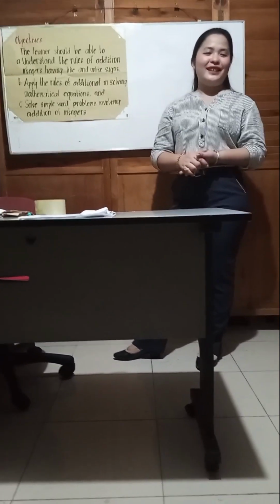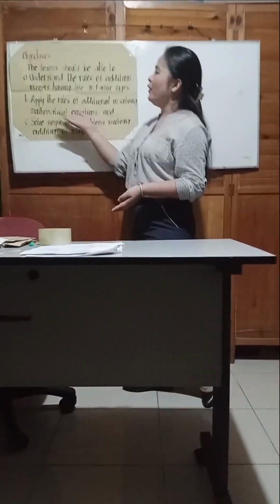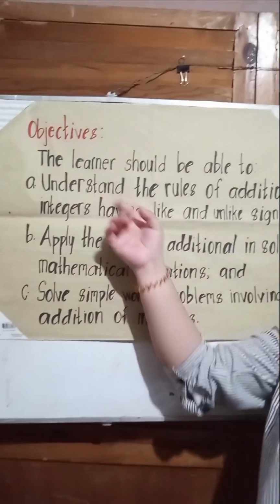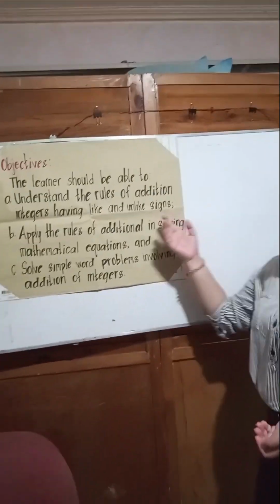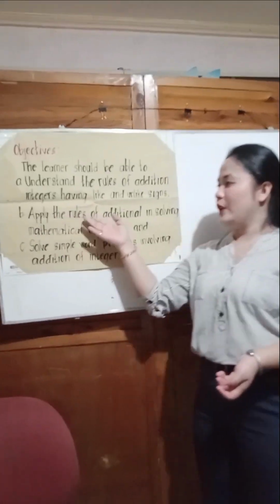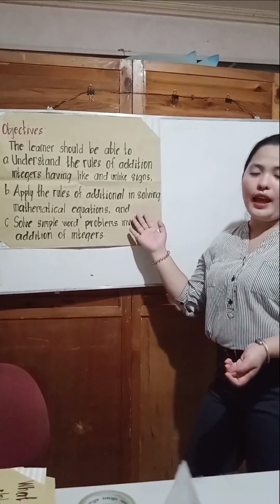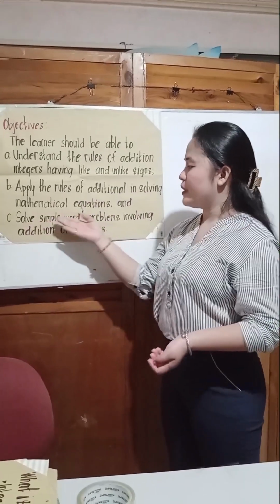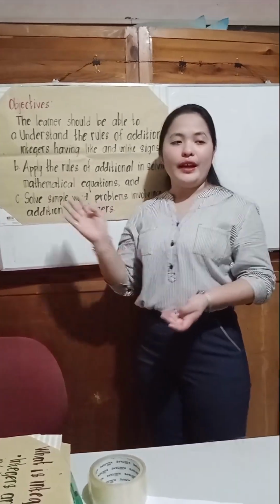Miss B, can you please read our objectives? Thank you. Our objectives: the learner should be able to A. Understand the rules of addition of integers having like and unlike signs. B. Apply the rules of addition in solving mathematical equations. And C. Solve simple word problems involving addition of integers.